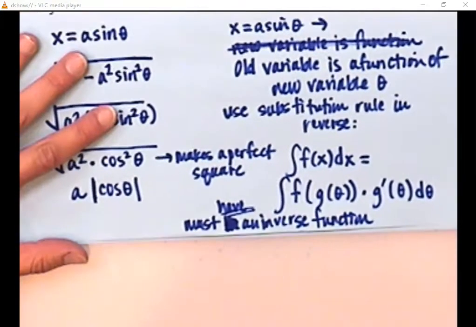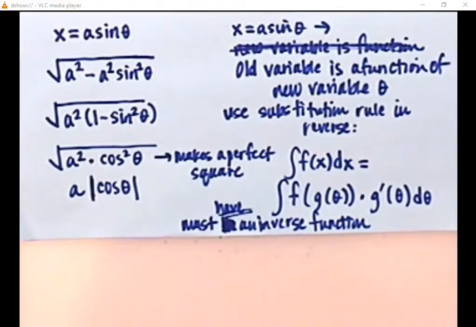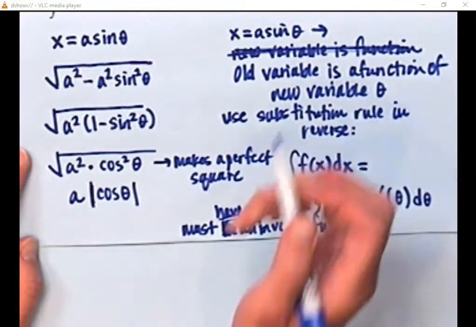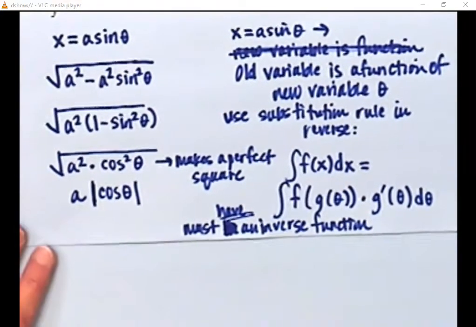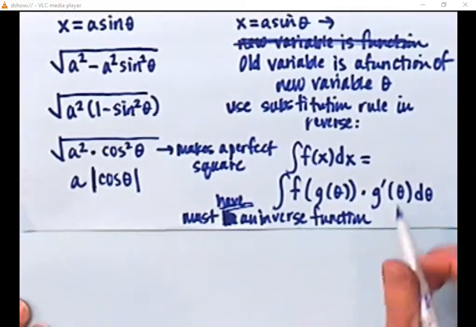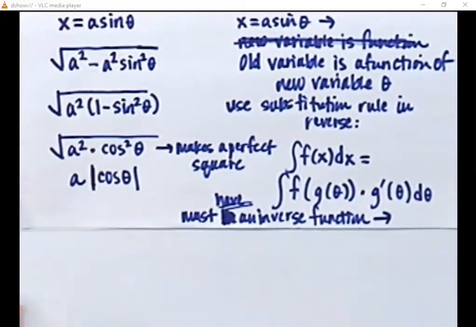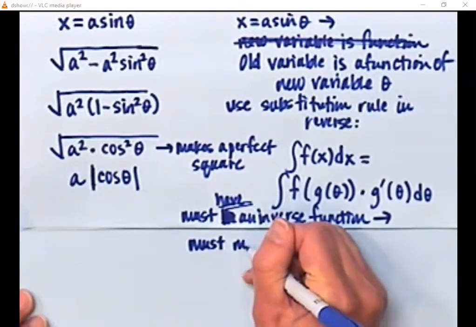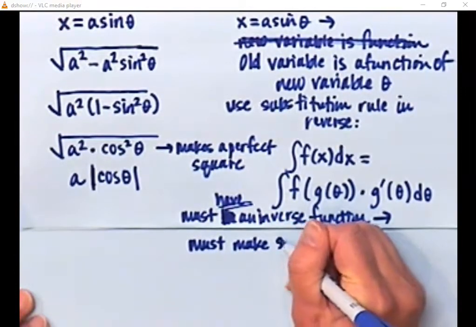And so we want to make sure this function is one-to-one. This function here, the a sine of theta, needs to have an inverse function, the x value there. So we must make sure that it is a one-to-one function.